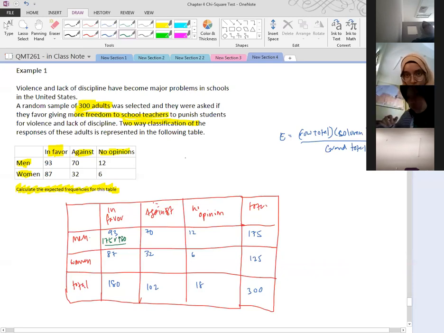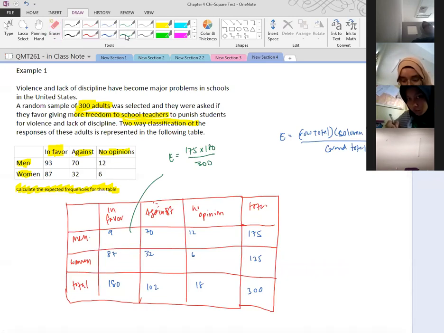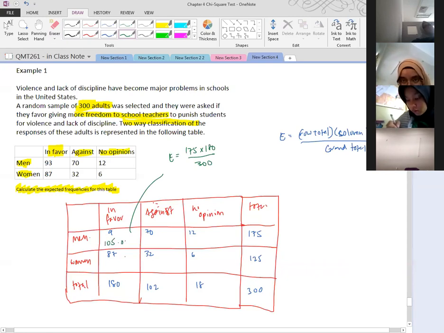So the expected frequency is 175 multiply with 180 divided by 300, which should be equal to 105.0, right? And you need to calculate for everything. This is 175 multiply with 102 divided by 300, so this is 59.5.